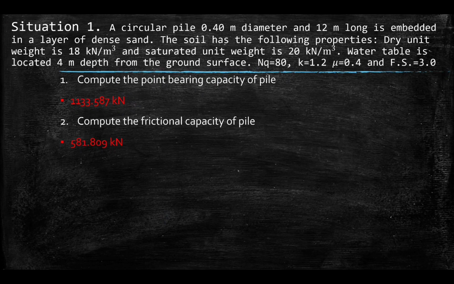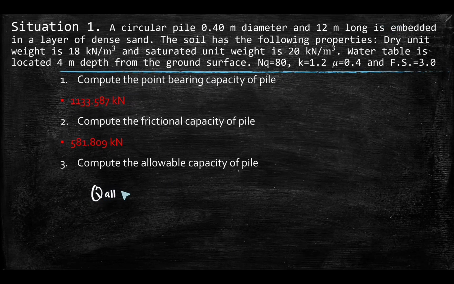So, this is the last question. Compute the allowable capacity of the pile. There is a formula again: Q allowable is equal to Q ultimate over the factor of safety.